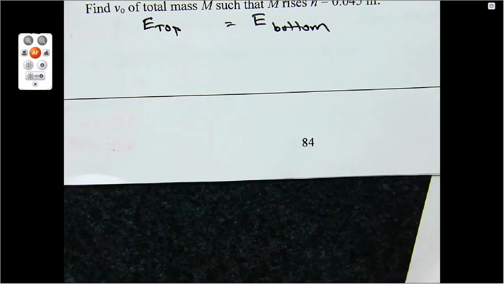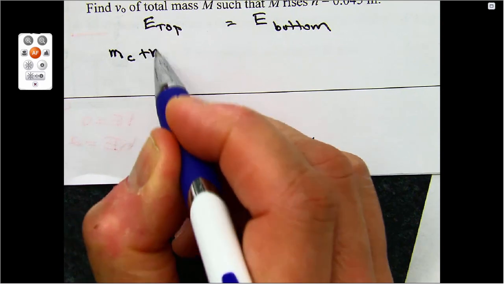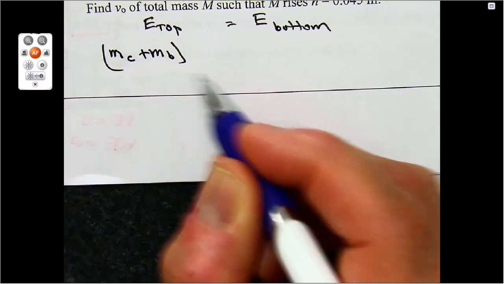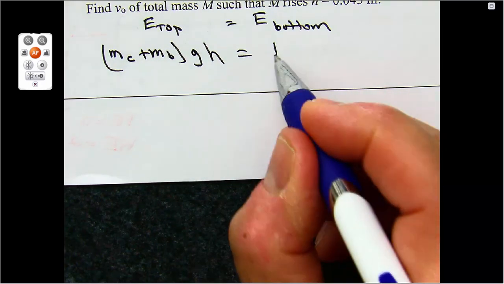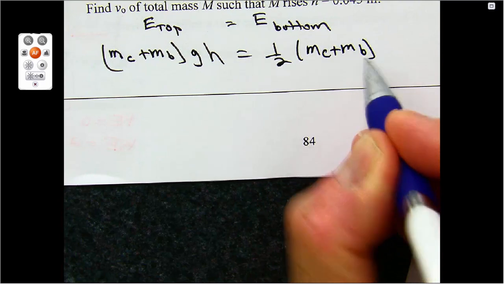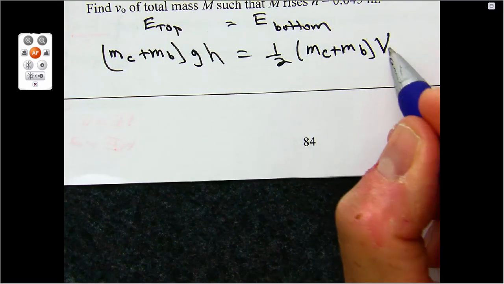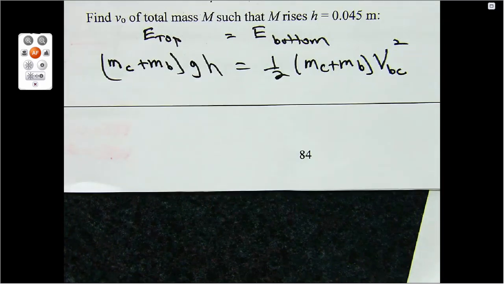The energy at the top is (MC plus MB) GH equals 1/2 (MC plus MB) times the velocity of the ball and catcher together, squared. Yep.